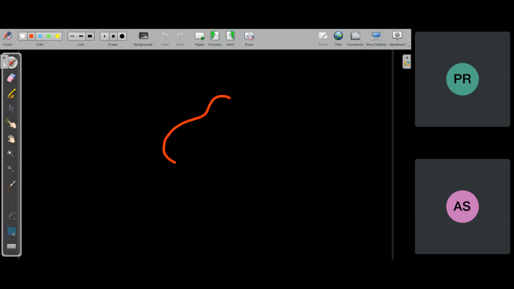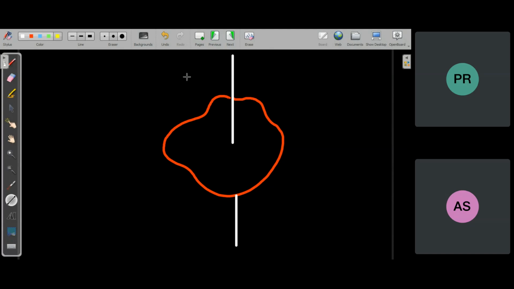Suppose this is a rigid body and the body is rotating about an axis passing through it like this. This is the axis. If there is a particle here, when the body rotates like this, the particle will be going in a circle.